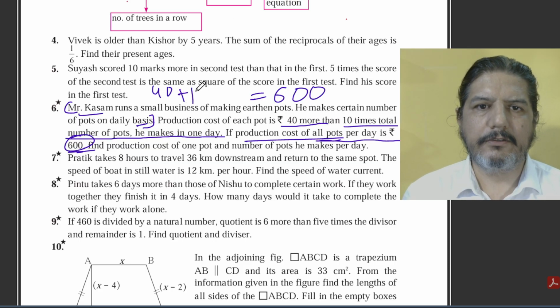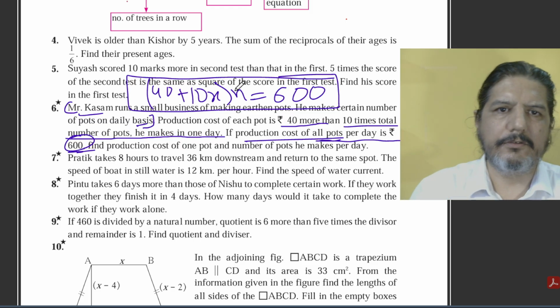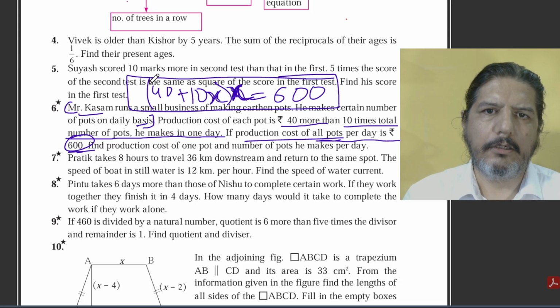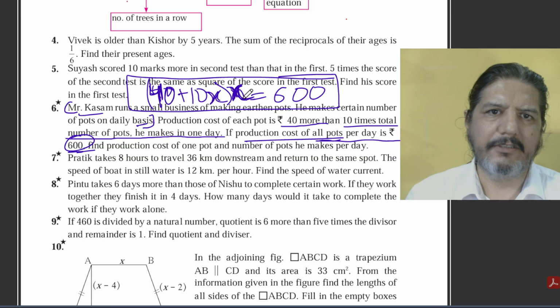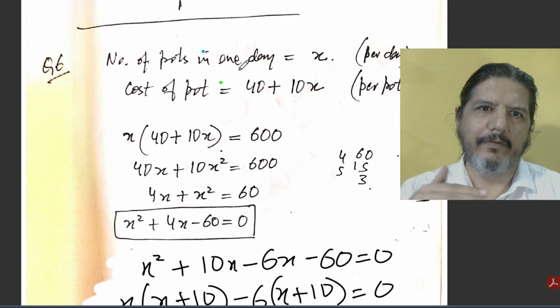This will be our quadratic equation, and then we'll have to solve this. So we'll have a quadratic equation in this form: 40 plus 10x into x is equal to 600. This is how we solve the question.